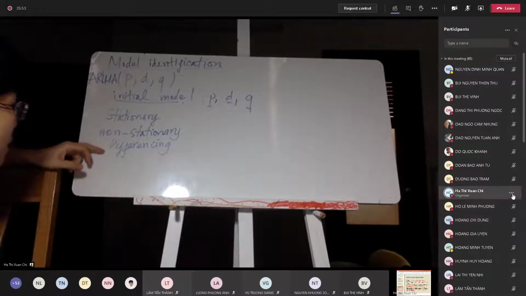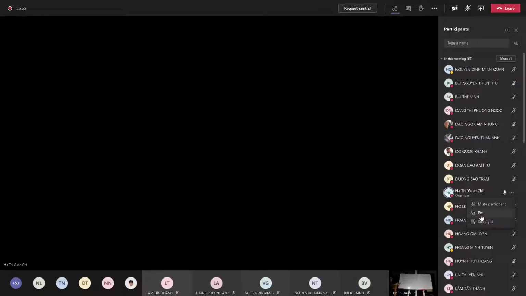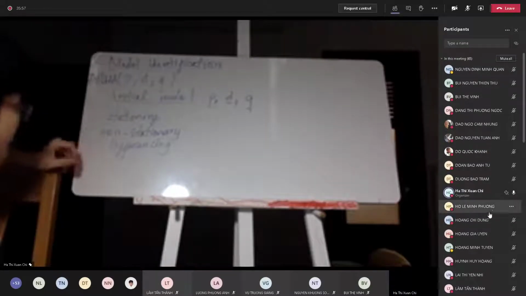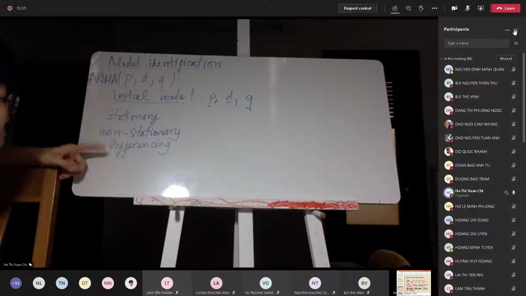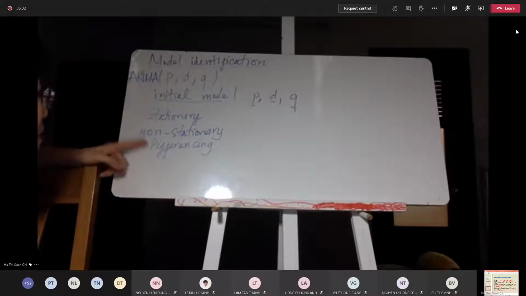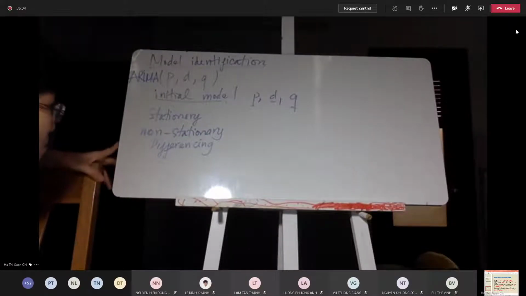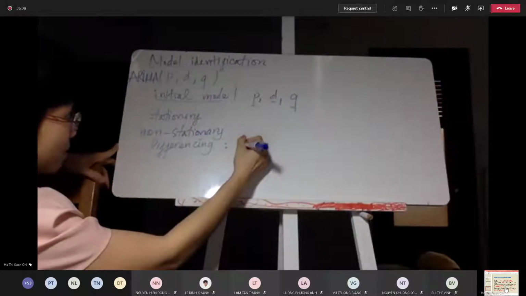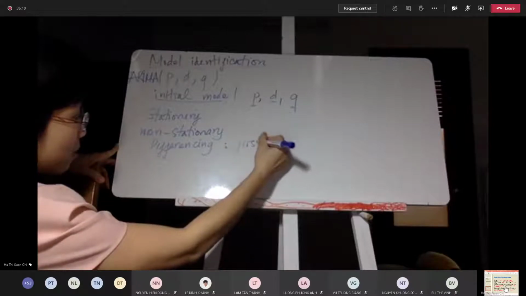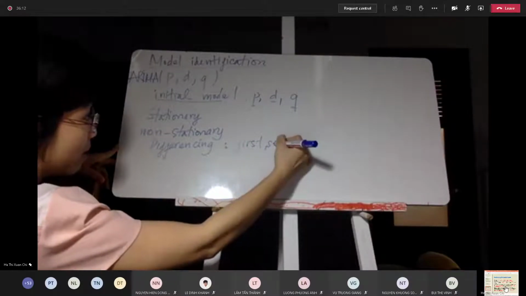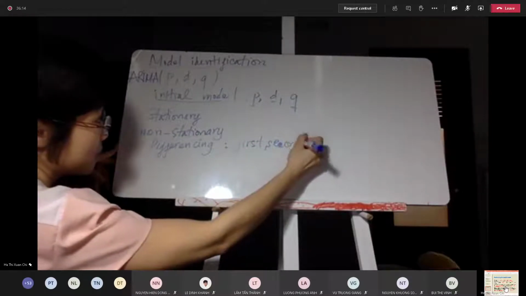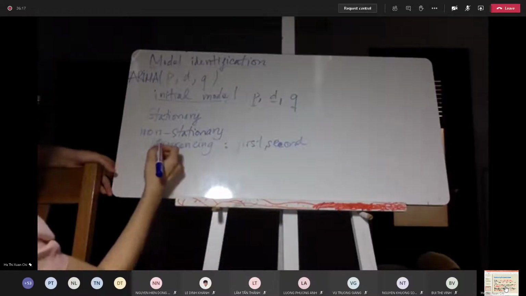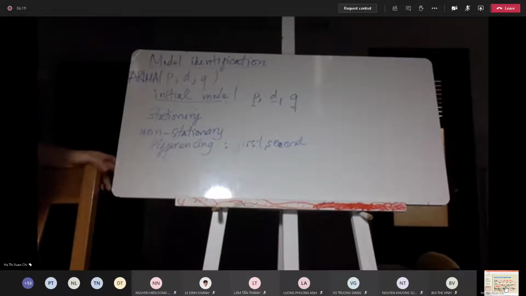The main purpose of difference is to make non-stationary data become stationary. For differencing here, you have the first or the second difference of your data, until you can find a stationary, but it's not over two.